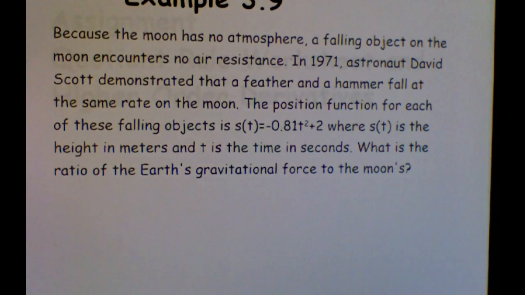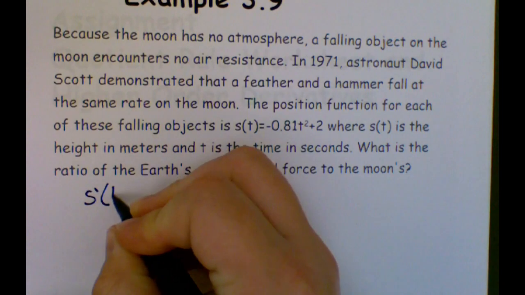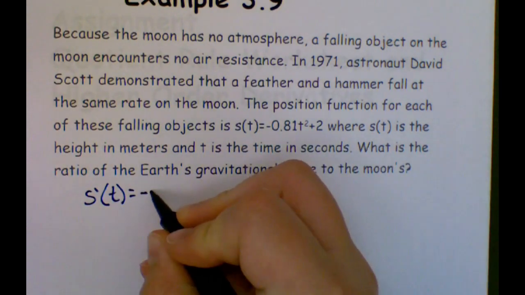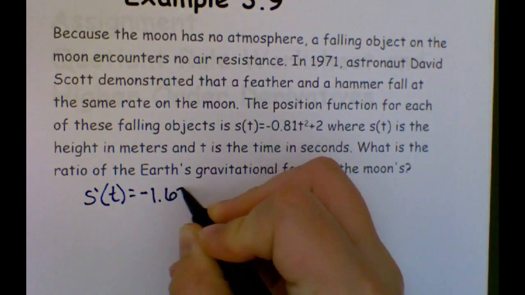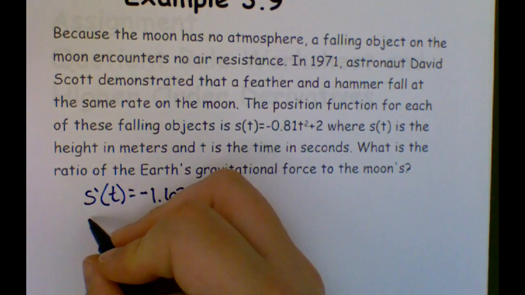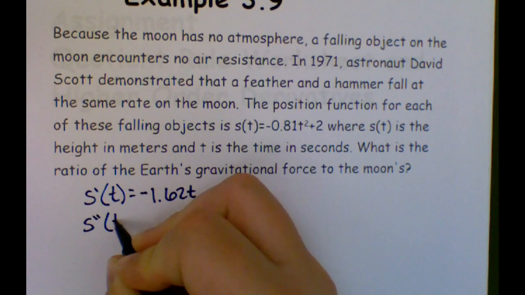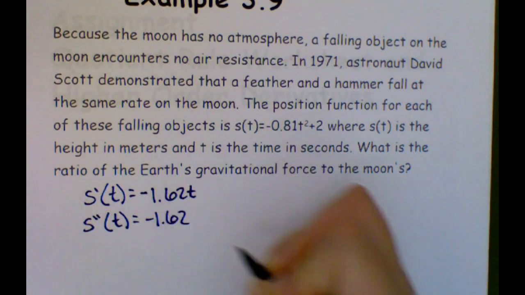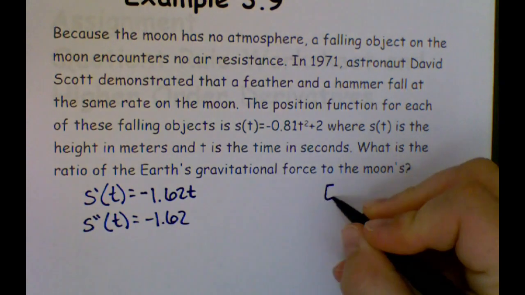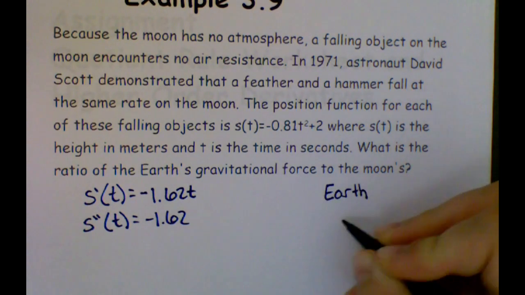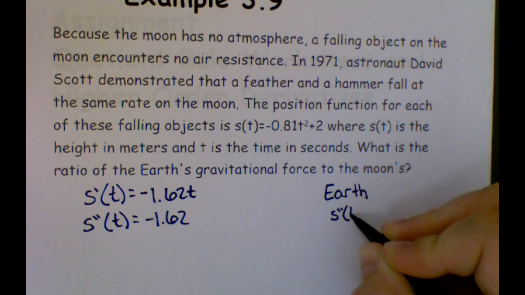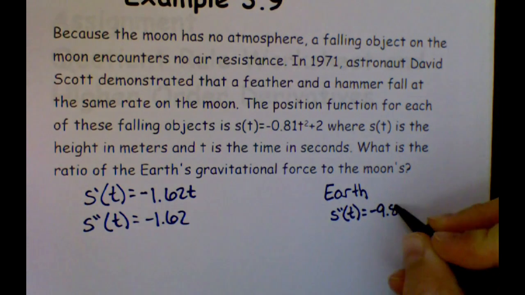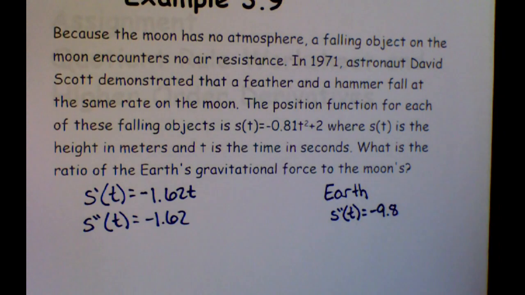Well, acceleration on the moon, S prime of t, is going to be, bring down the 2, negative 1.62 t. And S double prime of t, which gives me the acceleration, is just negative 1.62. On Earth, acceleration due to gravity, so the second derivative of the position function, is negative 9.8 meters per second squared.